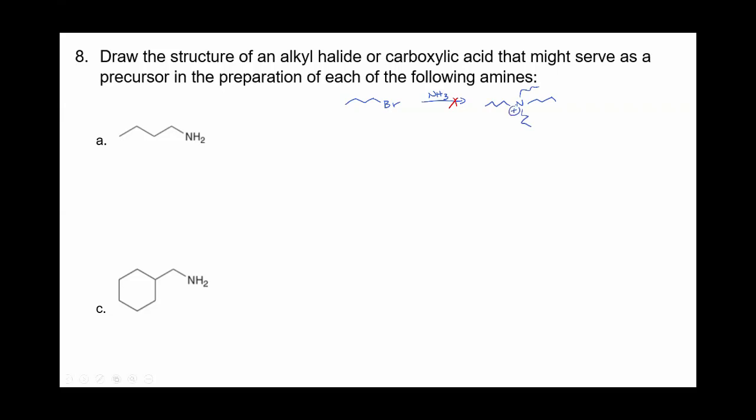If you want to use the alkyl halide, then we want to go through the CN route. Actually, there's a couple different things that we can do. So if you use the one with 3 carbons, you can do NaCN and then reduce it with LAH.